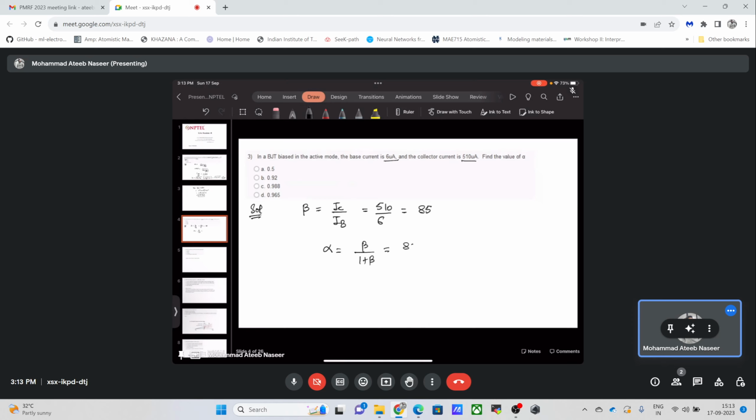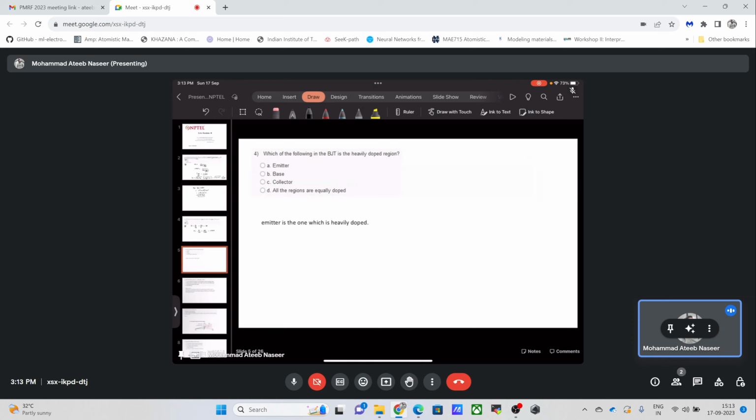So it is 85 divided by 1 plus 85, which is approximately equal to 85 divided by 86, which is 0.988. Fine. So the answer to this problem satisfies option C.